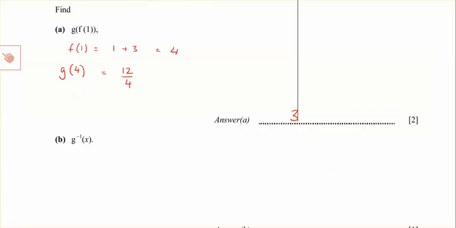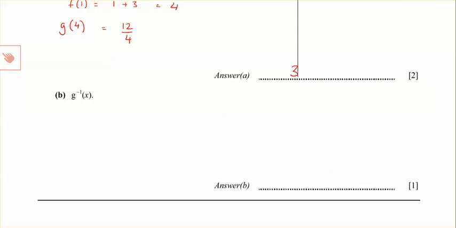The inverse function of x. It's one of those nice ones. It's nice in the fact that half of you probably did it and thought that can't be right. Because if we rearrange y equals 12 over x, we end up with x equals 12 over y, and the inverse is therefore 12 over x. And it is called a self-inverse function.